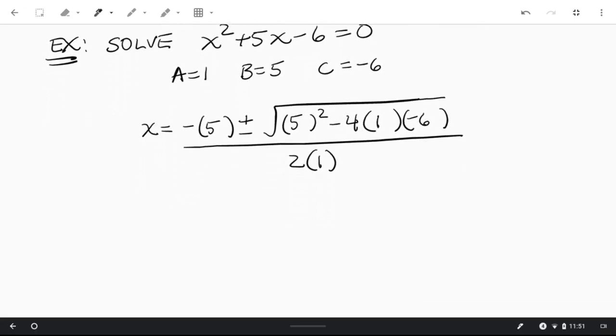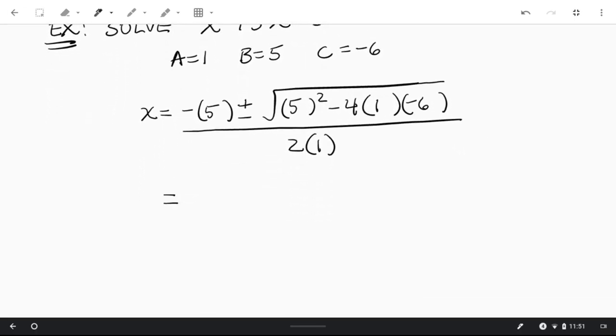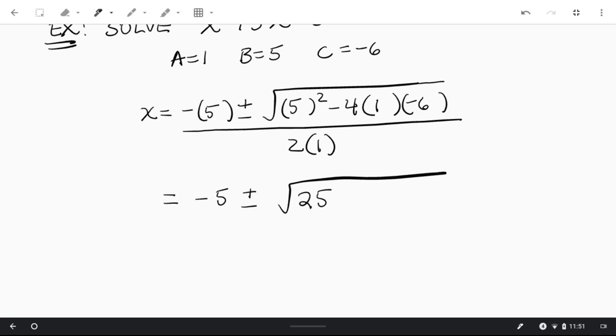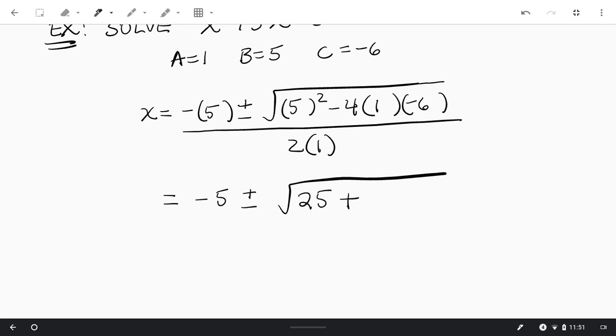So now we will go ahead and simplify this. We get negative 5 plus or minus the square root of, work this out with me, 25. And then do this multiplication, negative 4 times 1 times negative 6. That's going to be plus 24, all over 2 times 1.